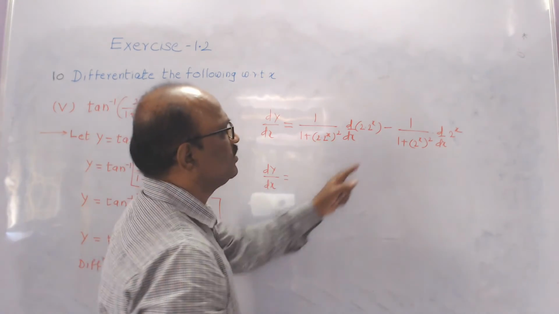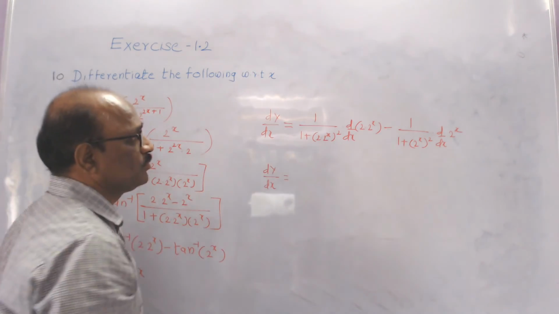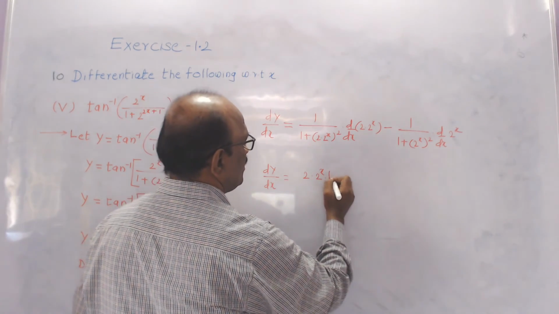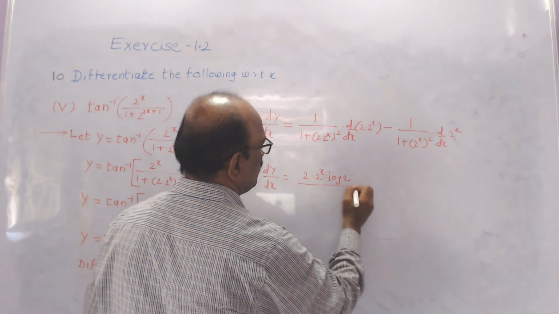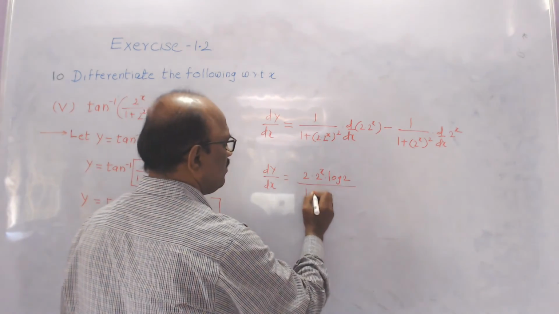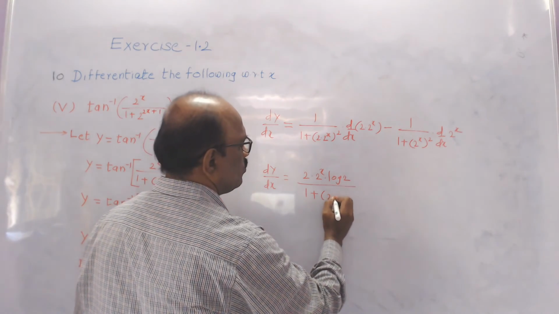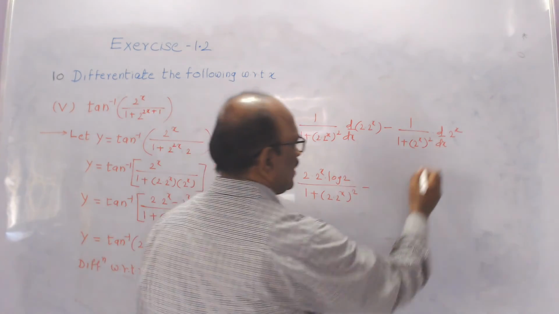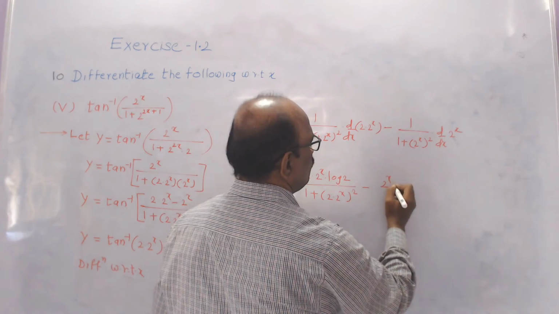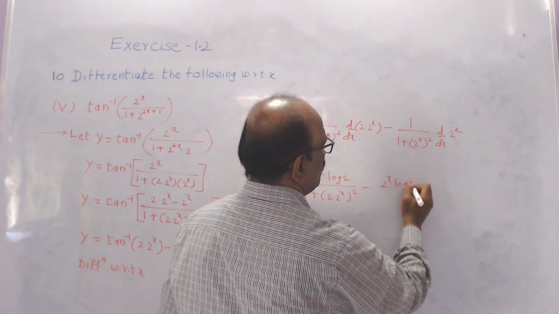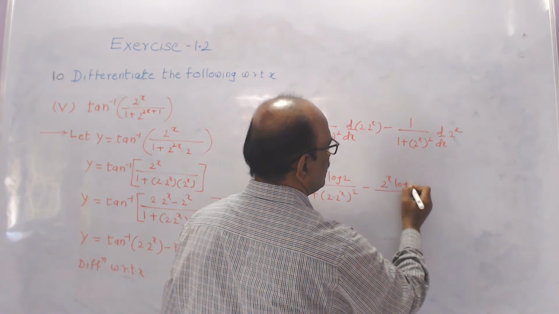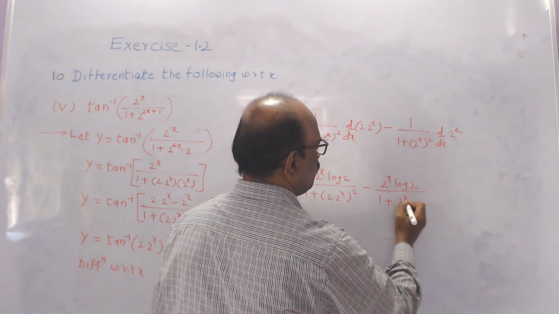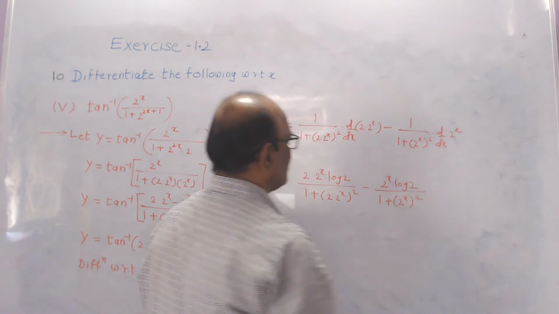and therefore dy by dx is equal to, what is the derivative of 2 raised to x? 2 raised to x into log of 2, and therefore here 2 into 2 raised to x into log of 2 upon 1 plus 2 into 2 raised to x bracket square, minus, again the derivative of 2 raised to x is 2 raised to x into log of 2 upon 1 plus 2 raised to x bracket square, and this is the derivative.